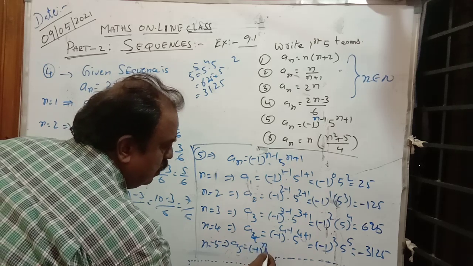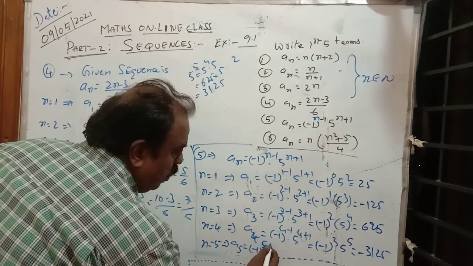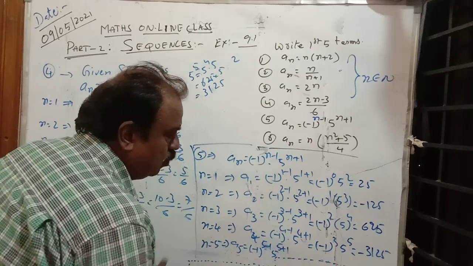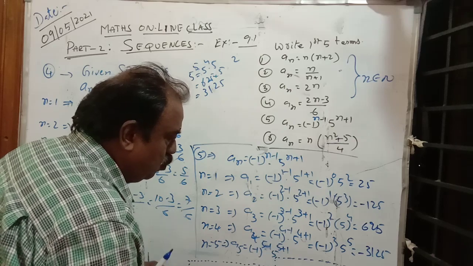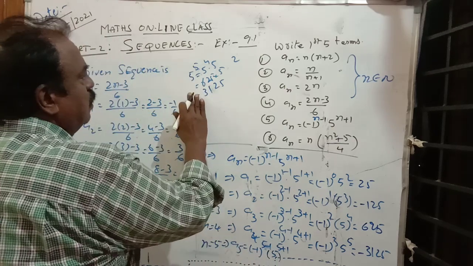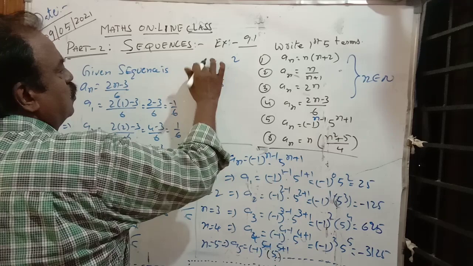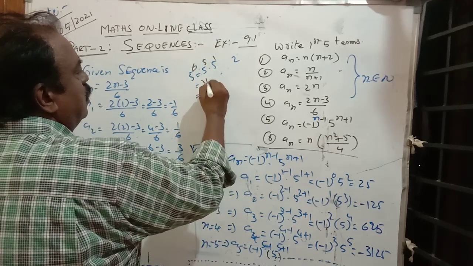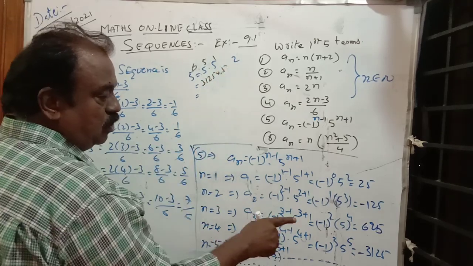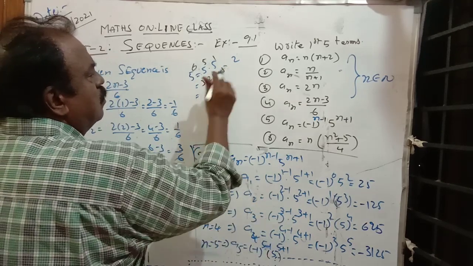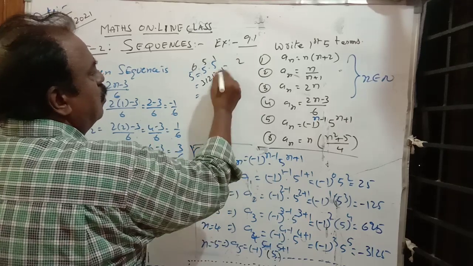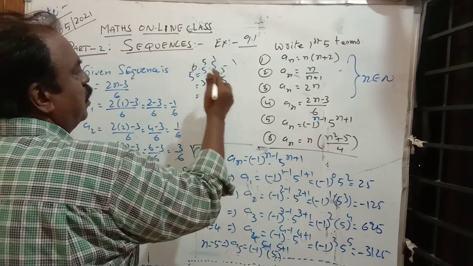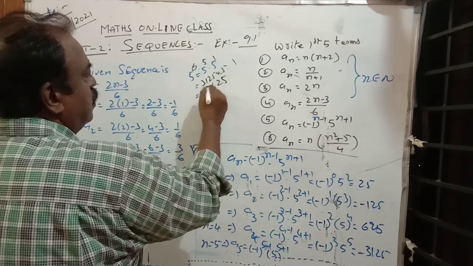When n is equal to 5, it is a5. Minus 1 power 5 minus 1, 5 power 5 plus 1. Okay? 5 power 5 plus 1, that is 5 power 6. It is 3125 into 5. 5 5 is 25, 2 carry. 5 1 is 5 plus 2 is 7... 5 3 is 15.